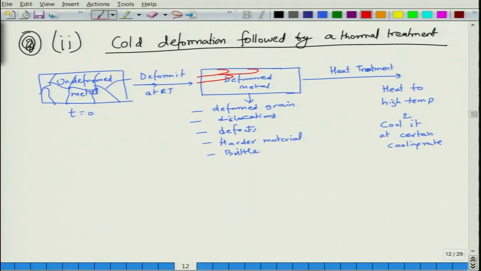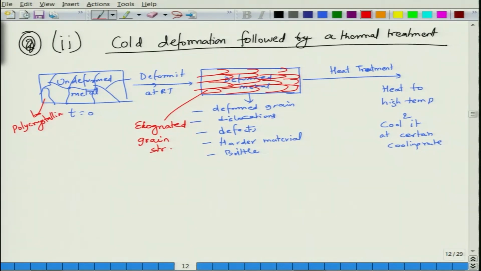You have these elongated grains with a lot of strain energy and a lot of dislocations and defects. It is very hard. And this is the polycrystalline equiaxed grain structure, where grains are of roughly similar size, randomly oriented and equiaxed.